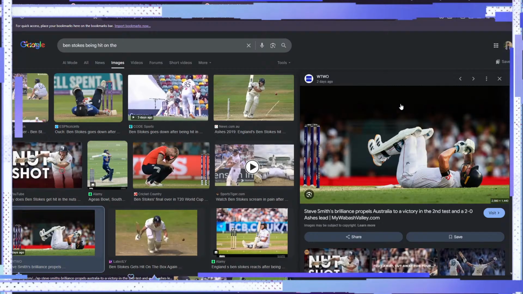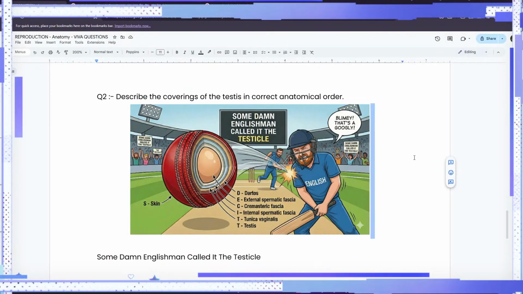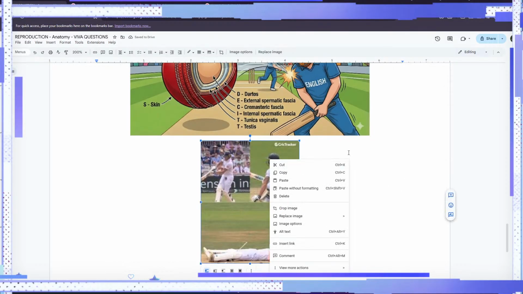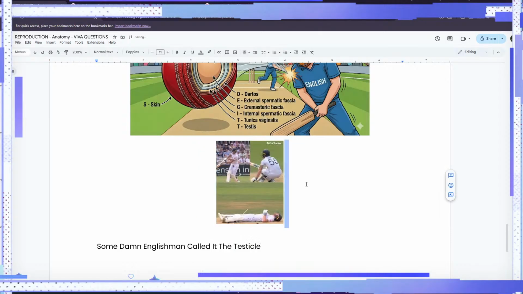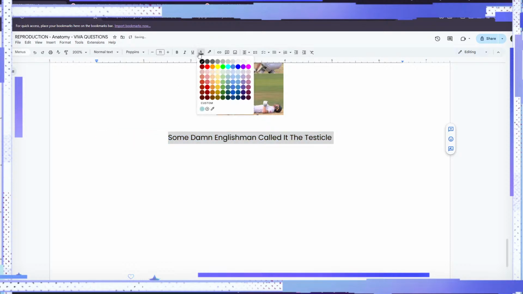This is a good picture too. So let's be reasonable and have this mnemonic.